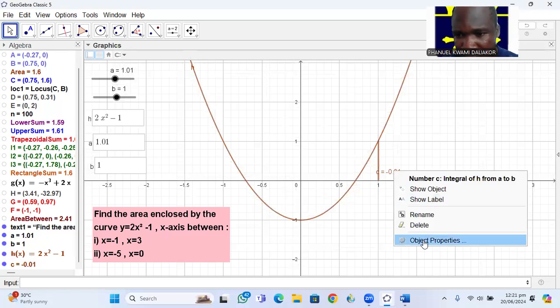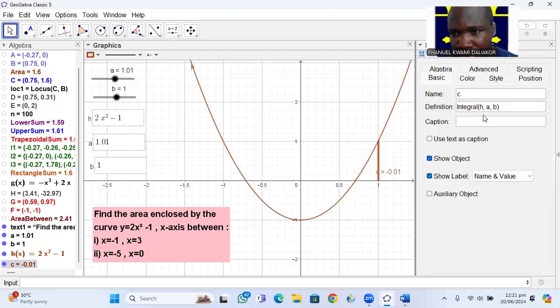This one will be the area between. So the area between.